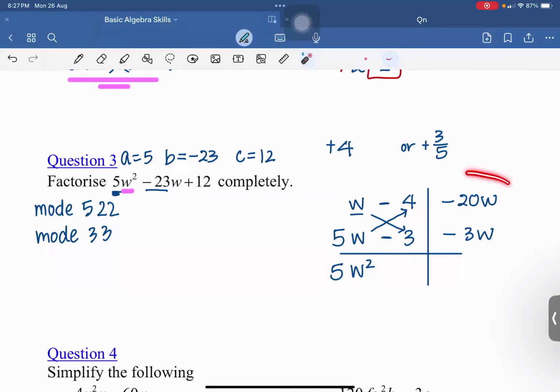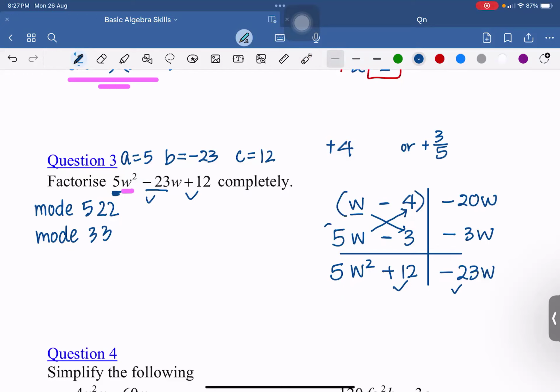The column over here, we add them up together, negative 23w. Then this one, we multiply and check the sign. Negative times negative, positive, 4 times 3, 12. Check, make sure all the signs are correct. The numbers are correct. So if that's the case, we factorize. This one is the answer.